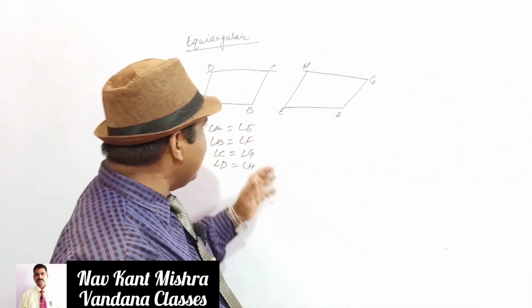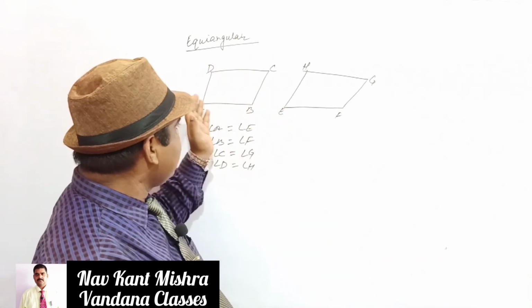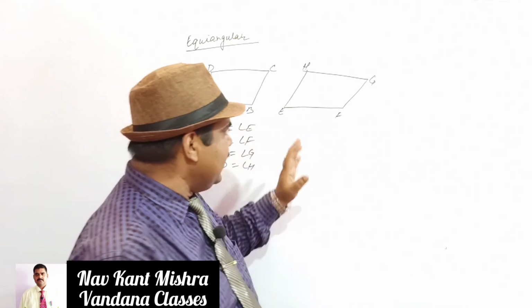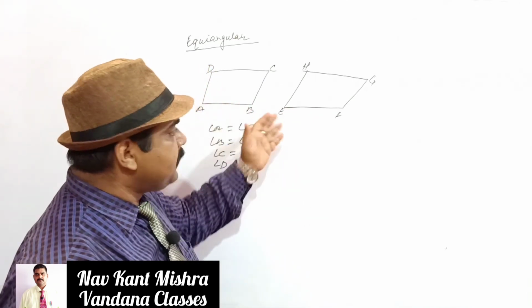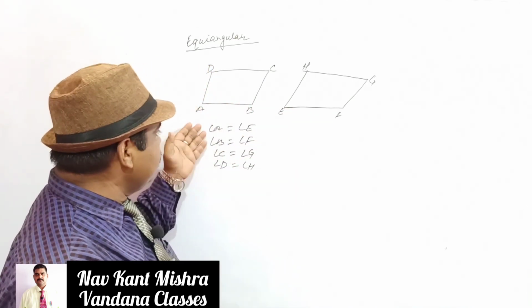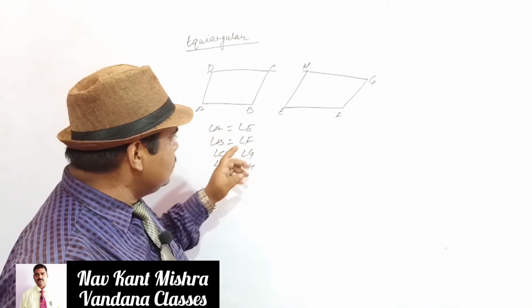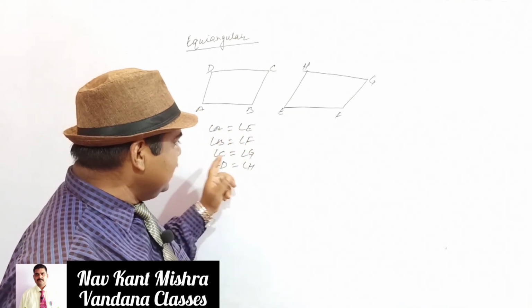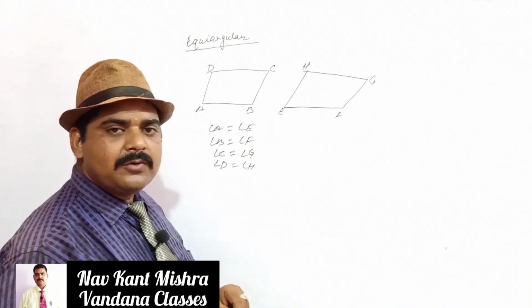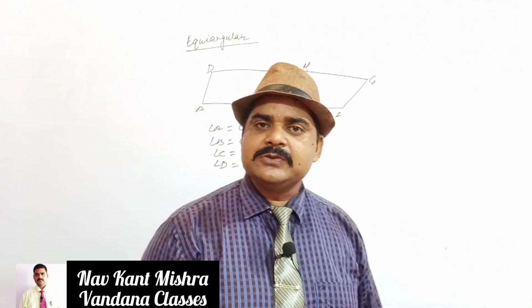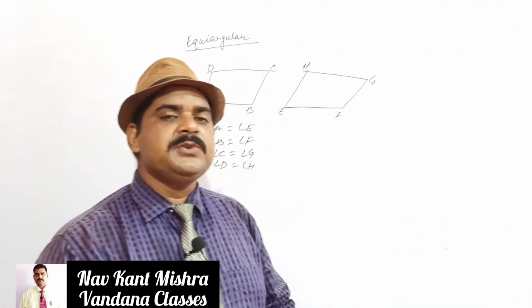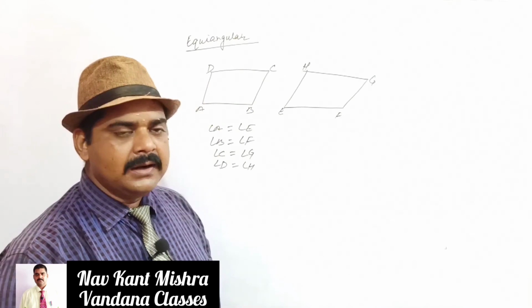In the same figure ABCD and EFGH, if their corresponding angles are equal, that is, A is equal to E, B is equal to F, C is equal to G, and D is equal to H, then these two quadrilaterals are said to be equiangular.